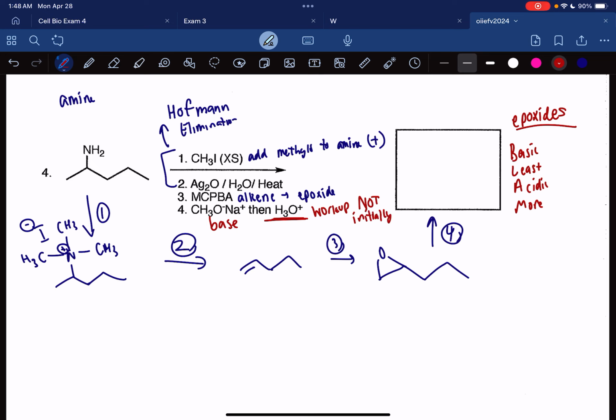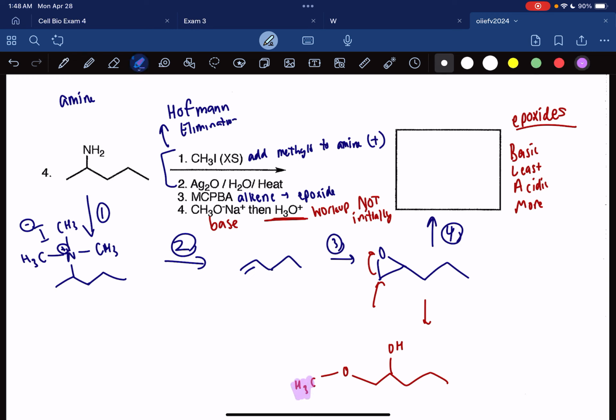So if it's a base, which side are we going to attack? We're going to attack the left side. If you open the epoxide, your structure should look something like this, with the OH here, and then you can put a CH2. Excuse me, if you open the epoxide there, then this is going to be OCH3.